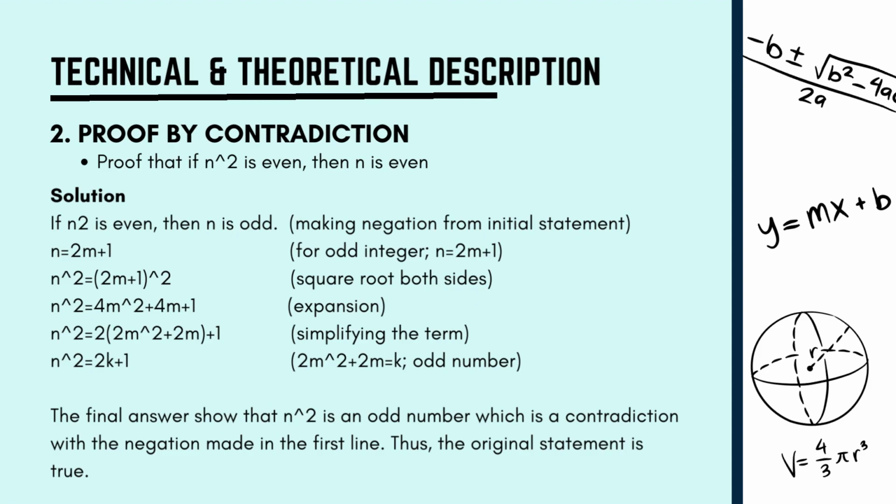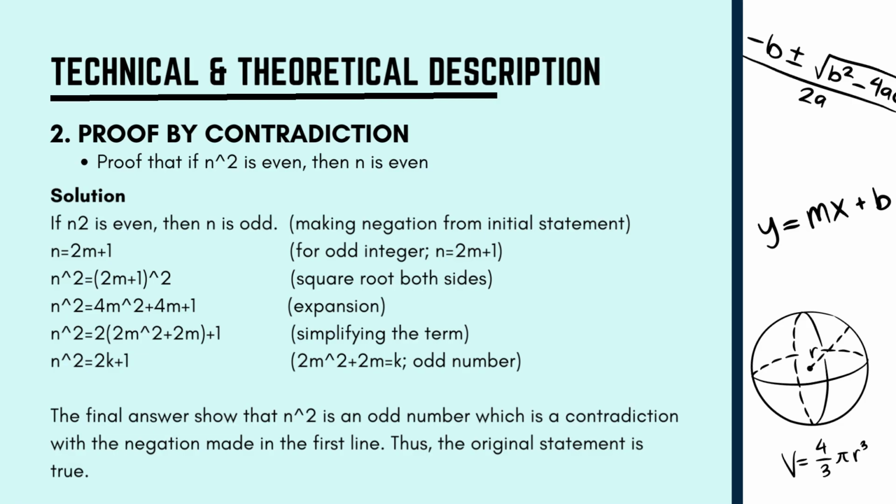Expanding, we get n power of 2 equal to 4m power of 2 plus 4m plus 1, and then n power of 2 equal to 2 times in brackets 2m power of 2 plus 2m, plus 1, which is simplifying the term.